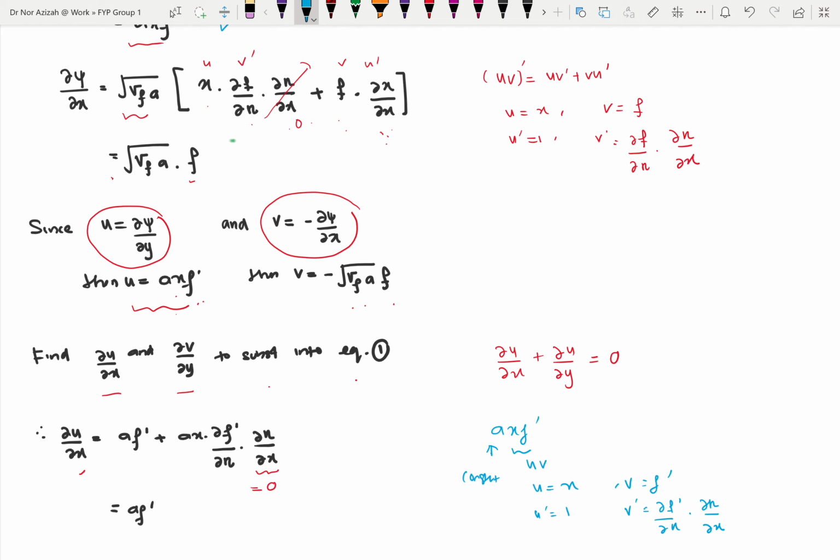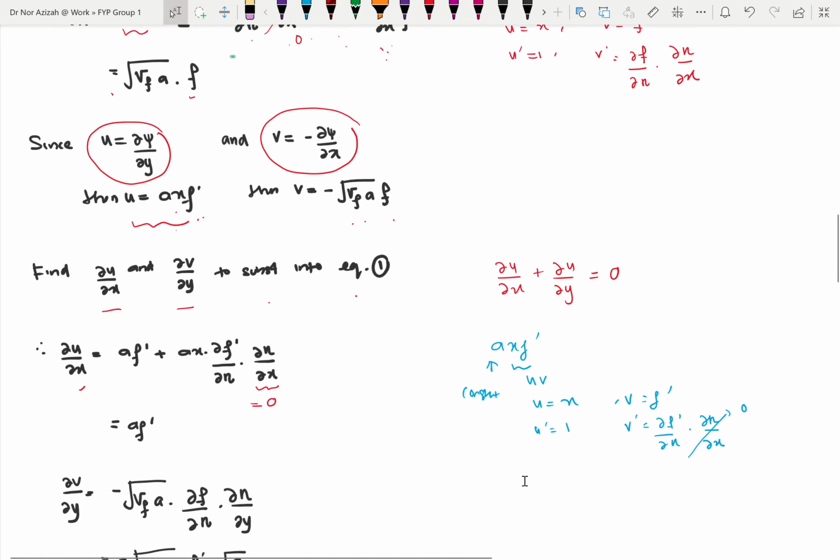But del eta del x is 0, right? So v prime is 0. When you substitute into the formula uv prime plus vu prime, u is x, v prime is 0, v is f prime, u prime is 1. So the answer is only f prime, multiplied by a, so you get a f prime.